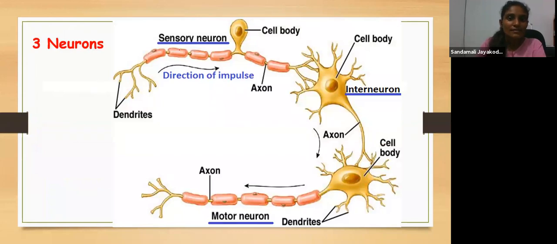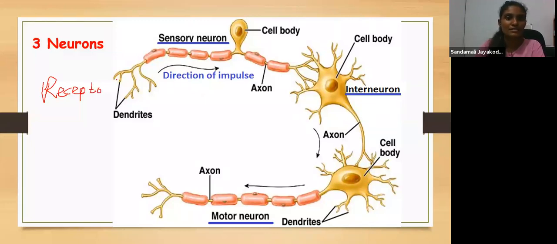As I told you, this sensory neuron is the one which takes the signals in. It is always connected with our receptors. They are on our receptors.